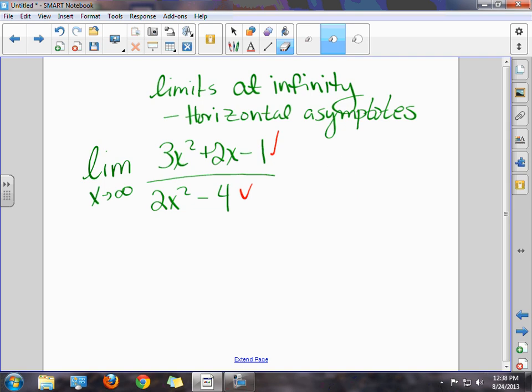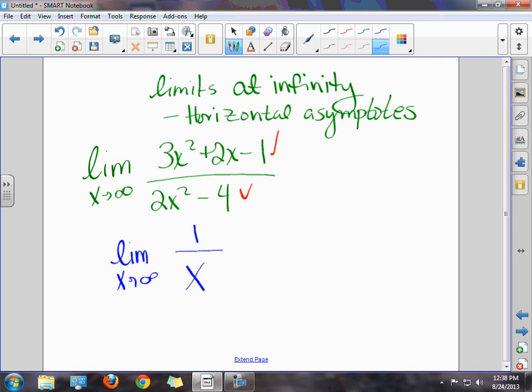Now, before we can evaluate it, there's really only one little limit that you need to know: if you have the limit as x goes to infinity of 1 over x to some power p, this is always going to be equal to 0. Because the denominator gets really big, the numerator is 1, and so you get tiny, tiny fractions, and they just keep getting tinier and go to 0.